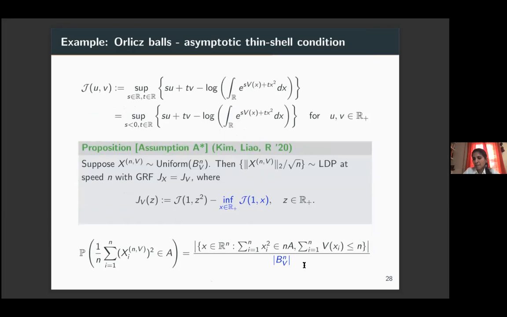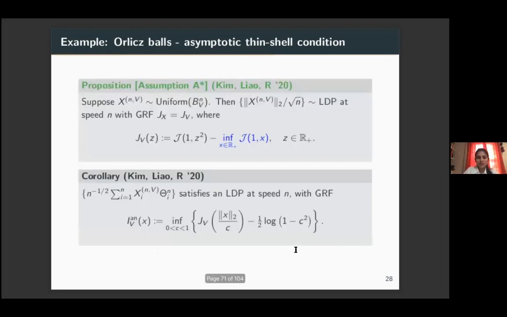And so in the process, to prove this, we had to get results on the intersection of the Orlicz ball with the 2-sphere of a certain radius. So the point is that in the process of proving this, we had to prove something about intersections of Orlicz balls with L2 balls in some sense.